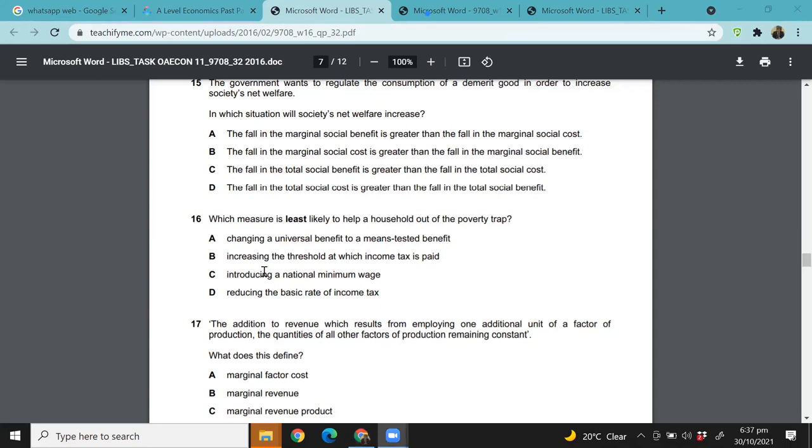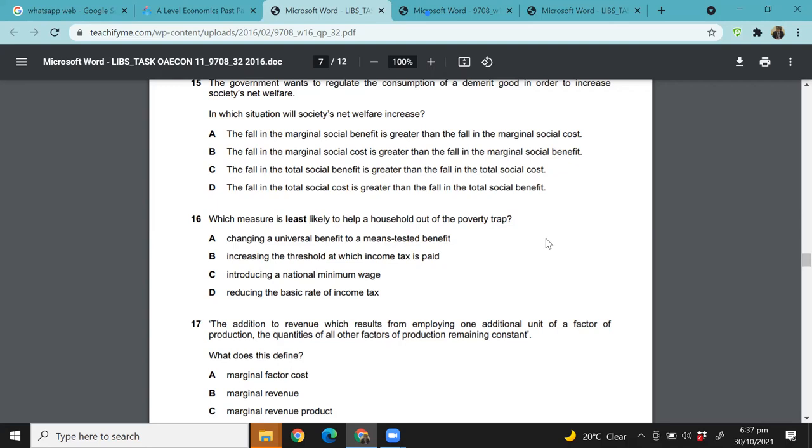Right. So the question is saying, what is least likely? If you want to get a family out of the poverty trap, which of these options will benefit them the least? Which measure is least likely to help a household out of the poverty trap? So which is effective but not very effective. That is what it's saying, right?